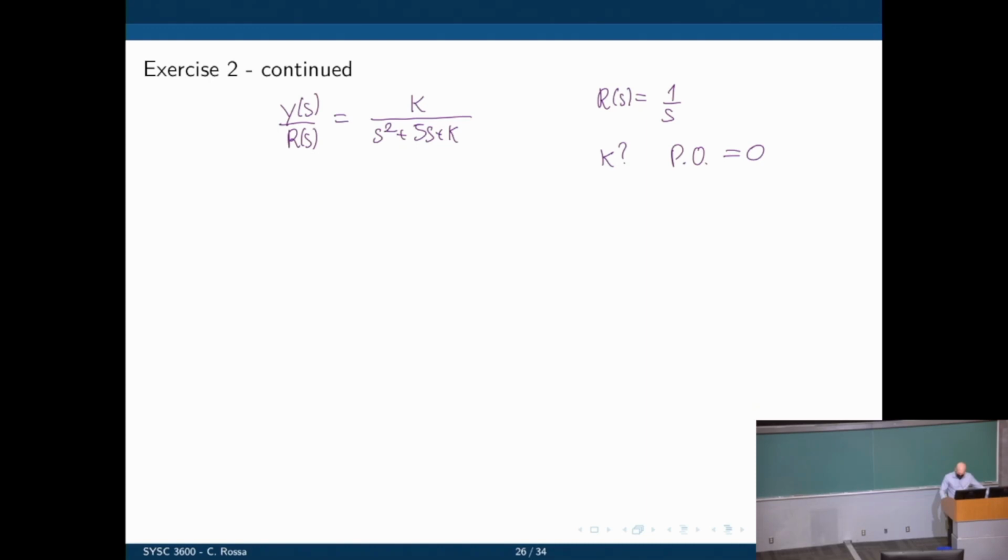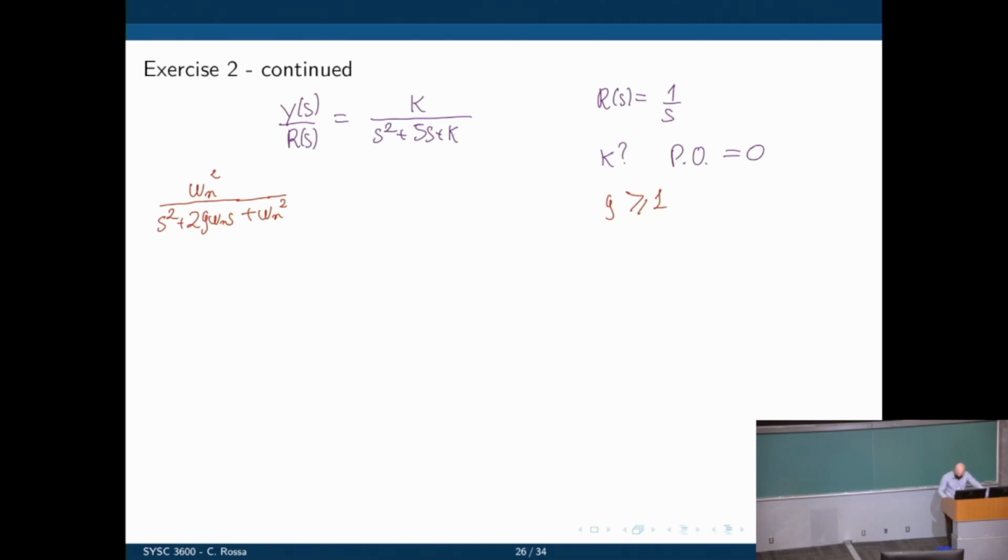So how are we going to fix this then? Well, if you write this equation in the standard form, we have omega n squared divided by s squared plus 2 zeta omega n s plus omega n squared. We know that to have a percent overshoot of 0, zeta must be greater than or equal to 1.